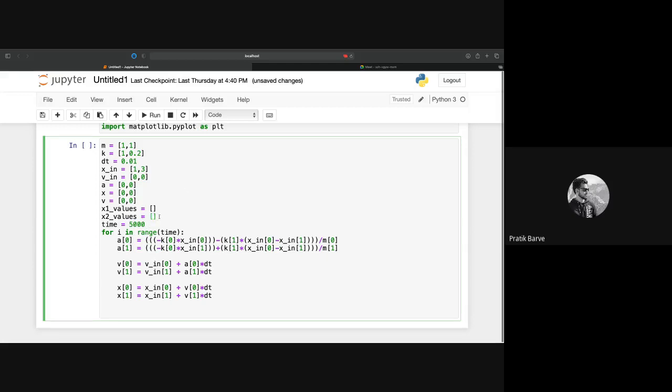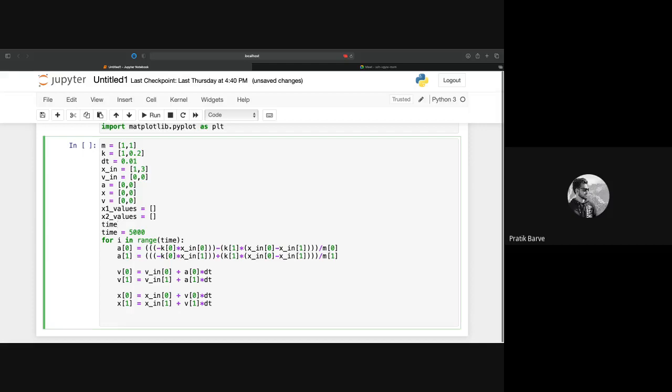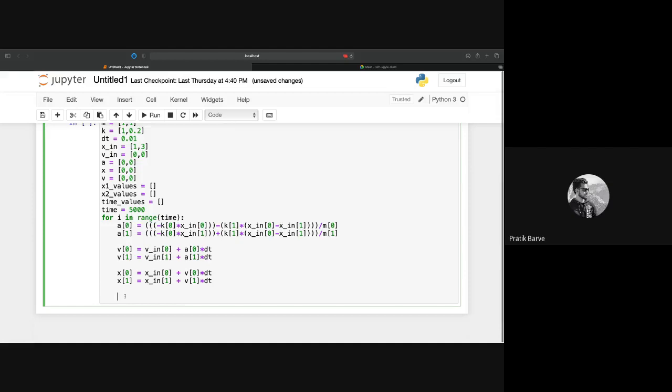We need one more array actually for our time values, to store our time values as we go in the loop. So this is the maximum time we take for in range. Now we will append the time values. Time values dot append i.